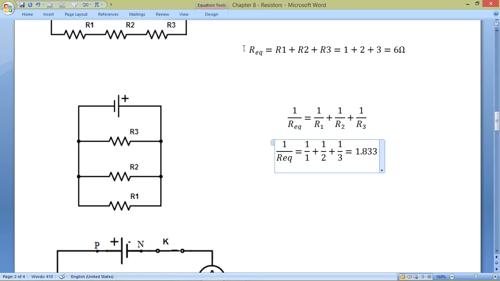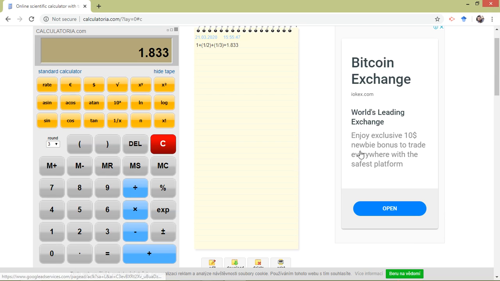The answer is not finished. We need to calculate the equivalent resistance R equivalent and not 1 over R equivalent. What do we do here? In mathematics, we can either make cross multiplication or take the reciprocal of 1 over R equivalent. So we say 1 over X means we take the reciprocal of this number. We'll get 0.546.